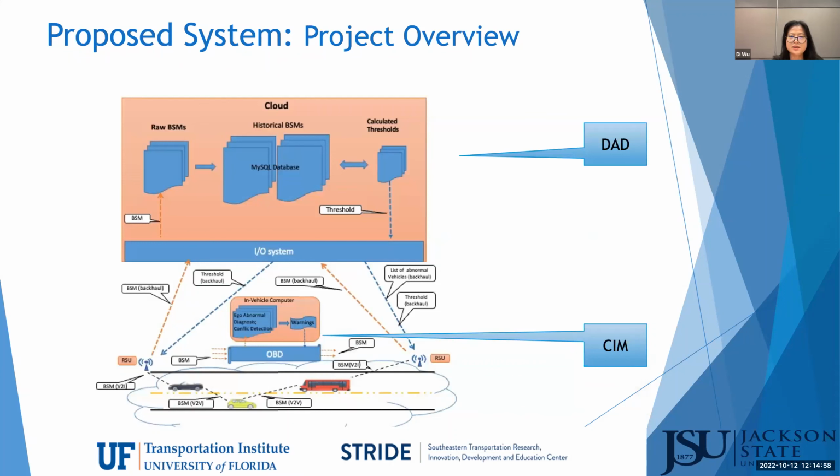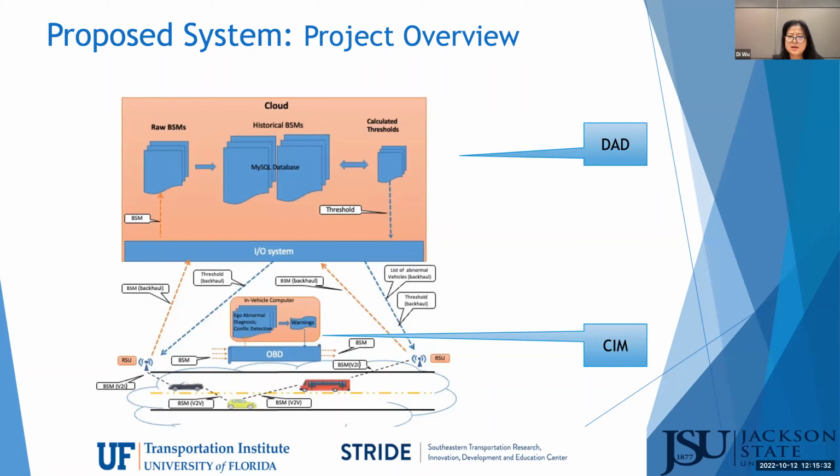And here is the project overview. The purple represents our cloud. In the cloud, we have the IO system, a MySQL database, and the DAD model to calculate the thresholds using the historical BSMs. And the system will keep a list of all the abnormal CVs, their IDs, and the thresholds.